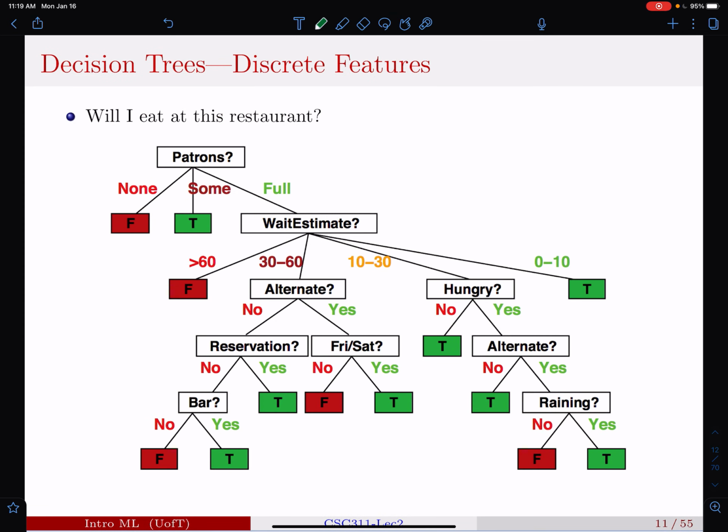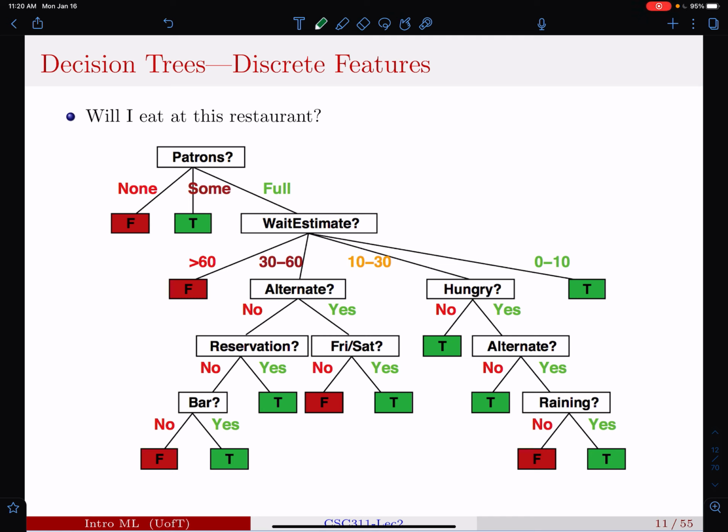Here's just another example of a decision tree. In this case, rather than having continuous features like we had before, we have discrete features. So this is an example of a decision tree where you're trying to decide whether or not you're going to eat at a particular restaurant. And you can imagine a bunch of different features you consider when you're thinking about this problem.